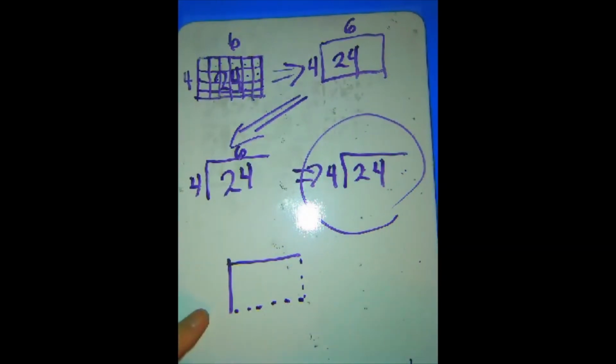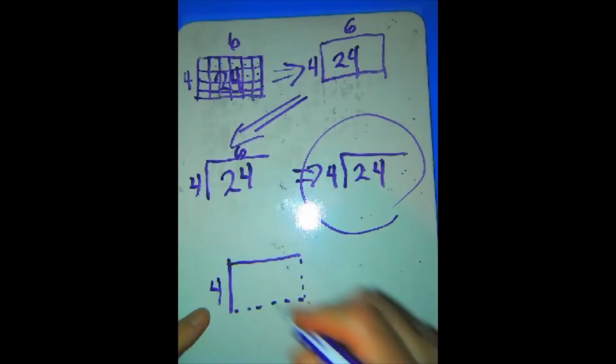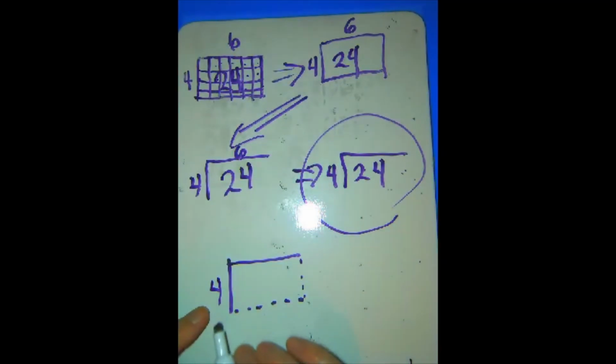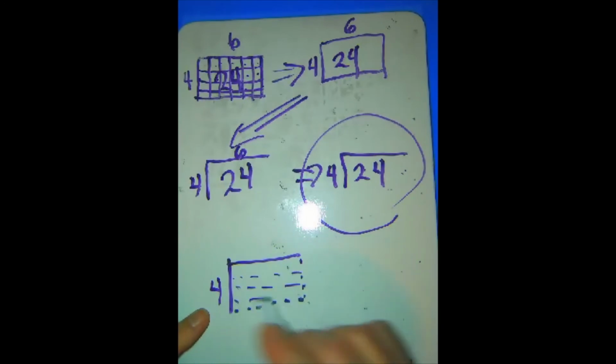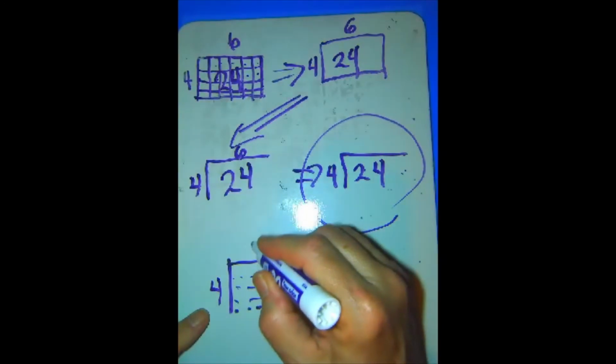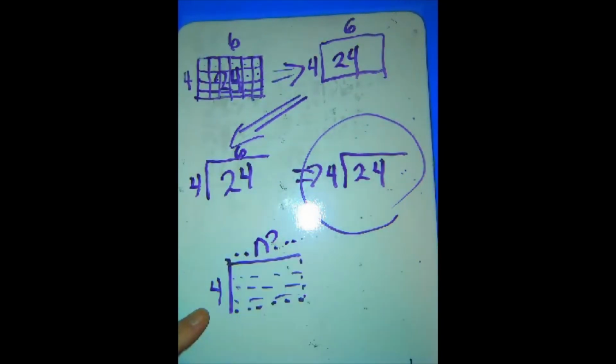And when we have some number over here, that tells us how many equal parts we are creating. And when we have a number up here, whatever that number is, that tells us how long that rectangle is. So we can unpack this symbol now, so the symbol has meaning as well as being a record of our action.